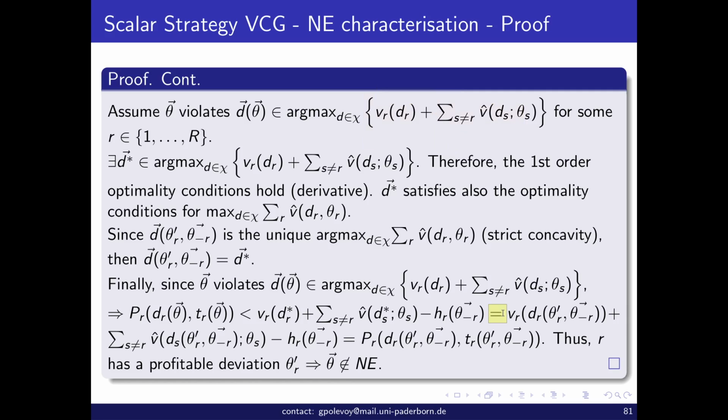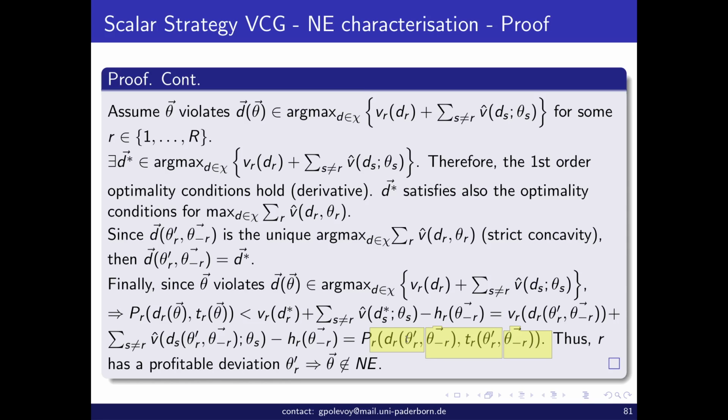Now, then you have the equality, which stems from the fact that this d, which is chosen when player r deviates to theta prime r, and the rest do what they used to do, is exactly the same as d star. And that's equal to this utility of player r.